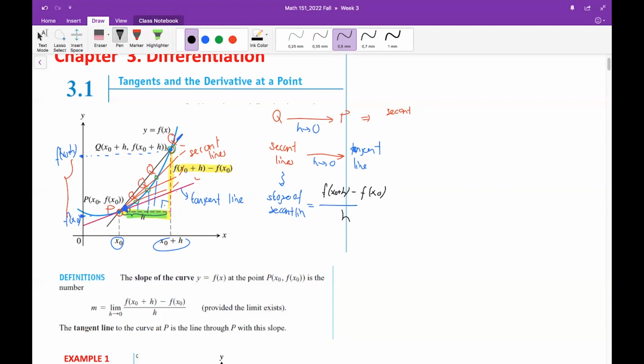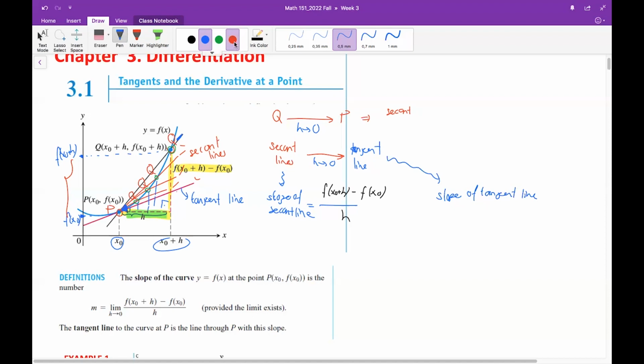Then let's try to relate this to the slope of the tangent line, okay? So here we have the tangent line. In fact, we did this in one of our previous videos. Now we want to talk about the slope of the tangent line. To relate the slope of the secant line to the slope of the tangent line, we already said here that if you let h go to 0, then your secant line becomes the tangent line.